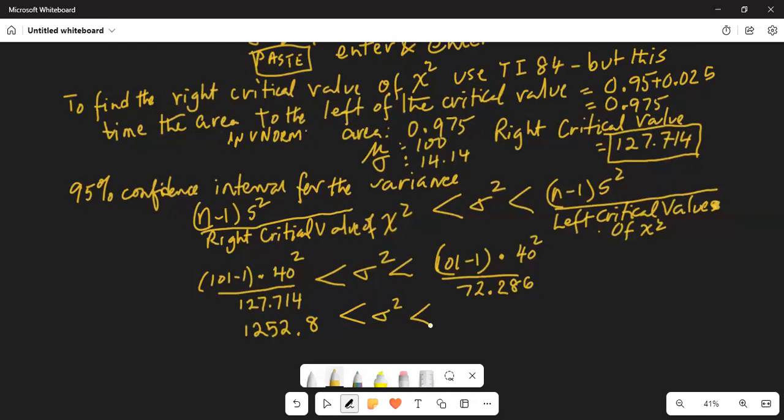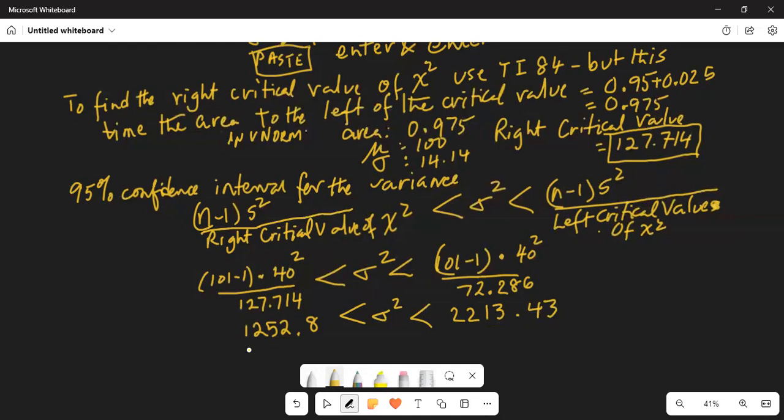And 100 times 40 squared divided by the left critical value of 72.286 is 2213.43.